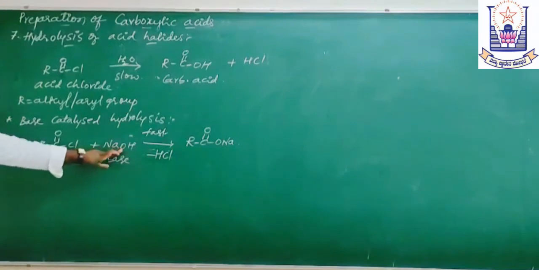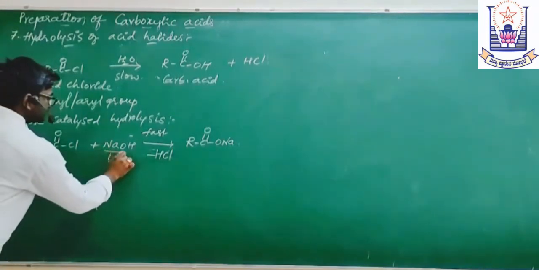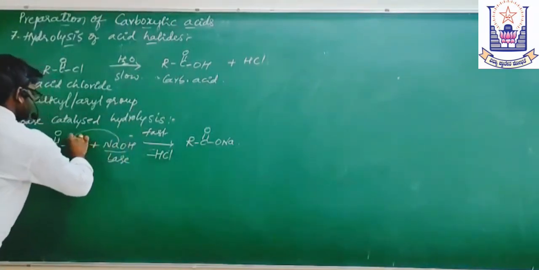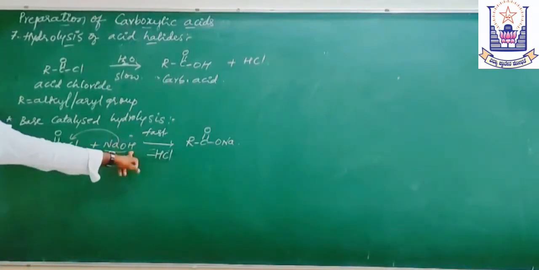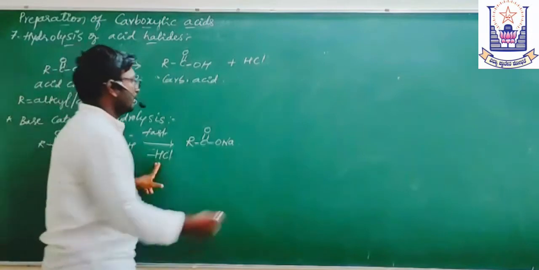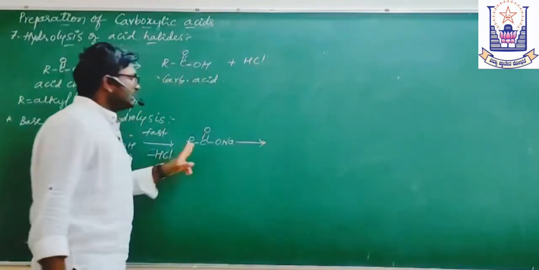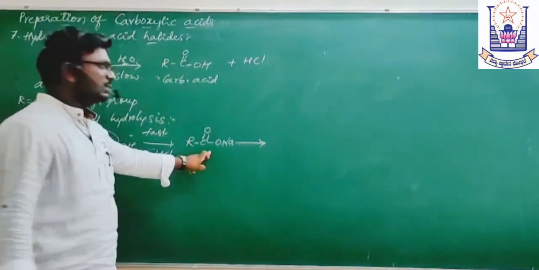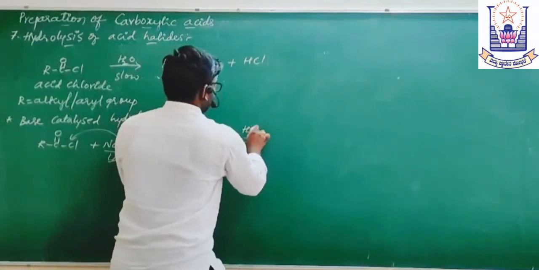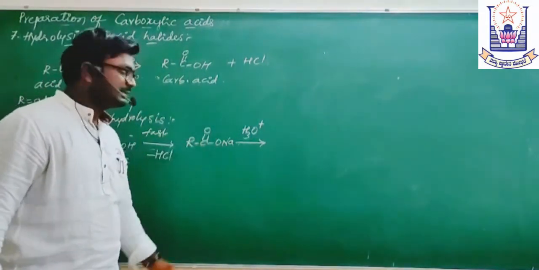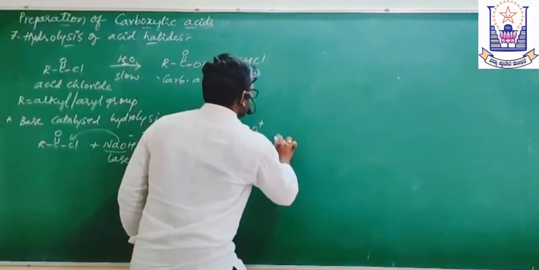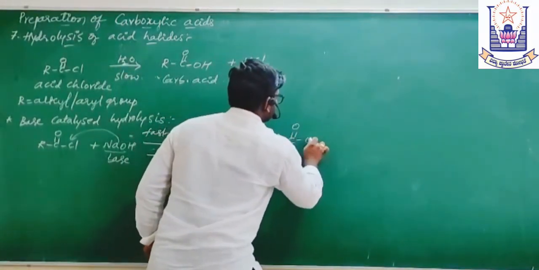The ONa joins here, like this. Cl minus comes out, joins with H plus, and the byproduct is HCl. When this is treated with an acid, that is acid hydrolysis, it will give you carboxylic acid.